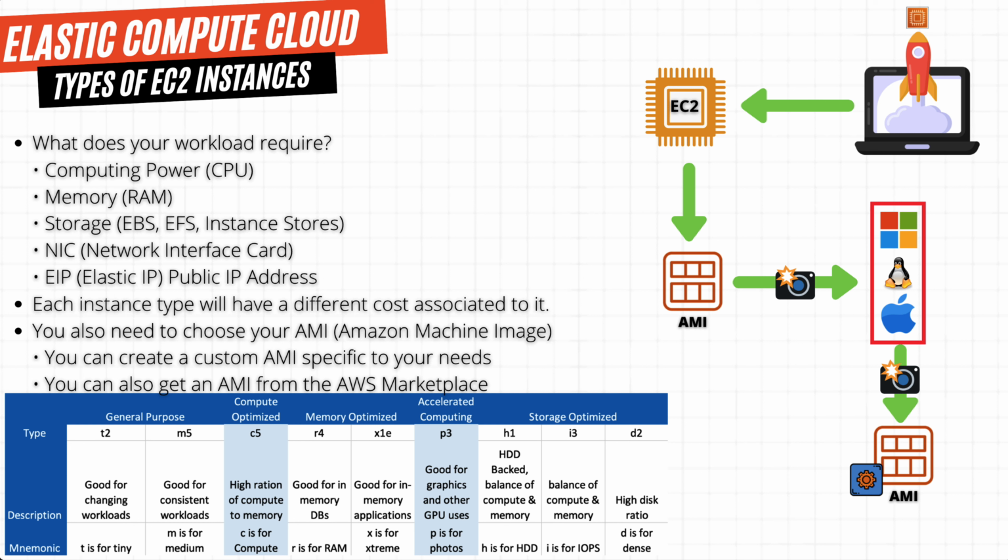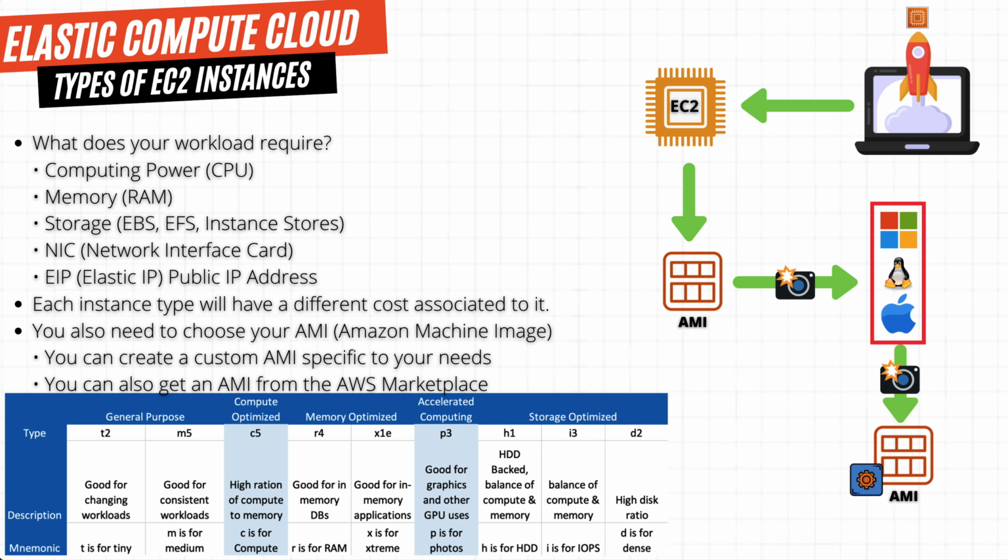Some ways of mitigating this cost is by using reserved instances, which is when we make a contract with AWS stating that we will be using that specific instance for either 1 to 3 years, and we can save up to 72% on cost.